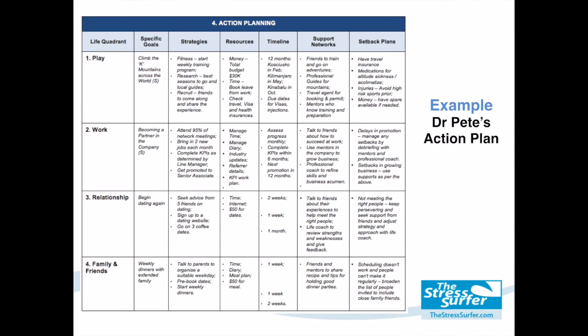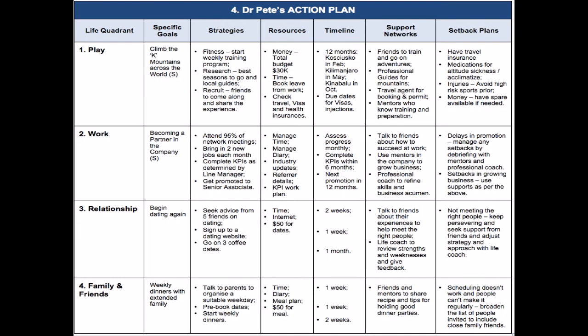Let's take a look now at my completed action plan, which is on your screen. As you can see, in the life quadrant of play, I chose a stretch goal, the specific goal of climbing 3 different K mountains in the world, all in the same year. The strategies I had to develop were in the areas of fitness, had to research and also recruit friends to join me on that adventure.